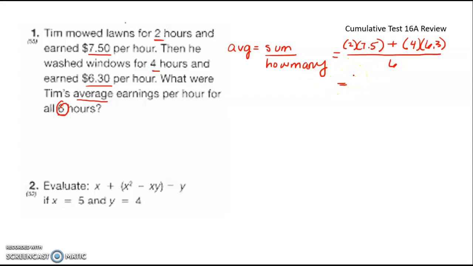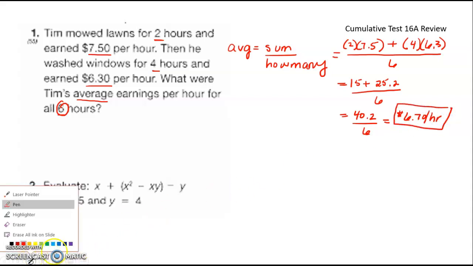We have 2 times 7.5, so that's 15, plus 4 times 6.3, 25.2, over 6. Add those together, we get 40.2 over 6, which gives me an average of $6.70 per hour.